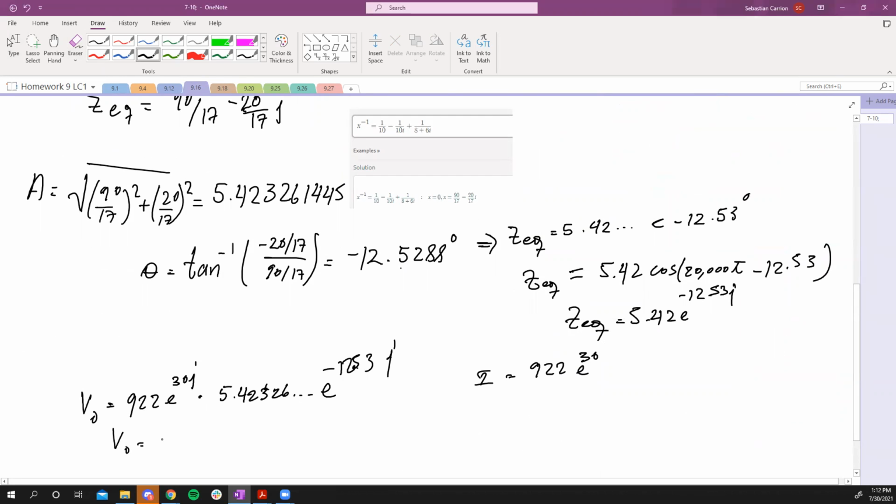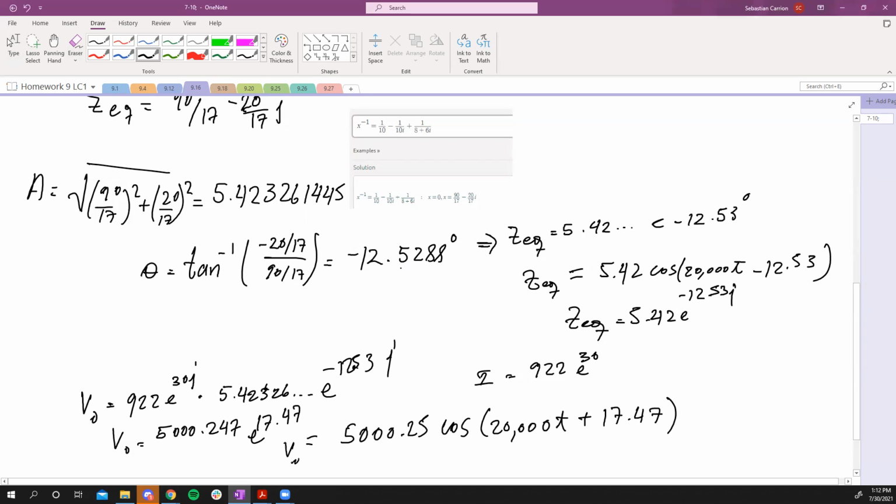It's going to result in 5,000.25 e to the j times 30 minus 12.53, which is 17.47. So we can write 5,000.25 cosine of 20,000t plus 17.47 degrees.